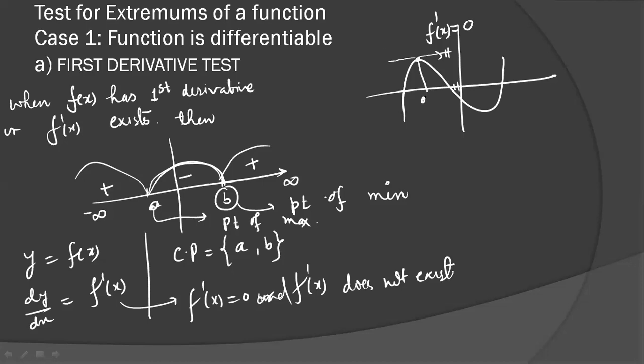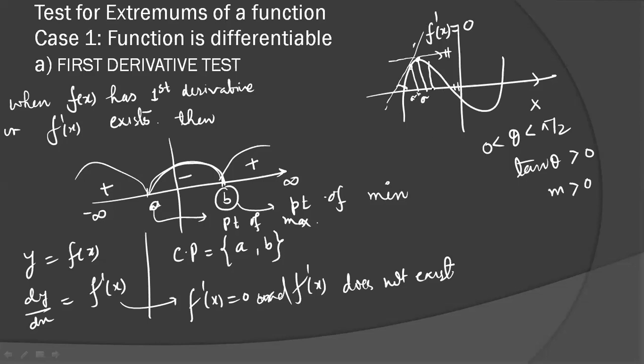Just before this point, a minus h, if we draw the tangent, then the tangent looks like this. It means it is making an acute angle with the positive x-axis. And if the angle is acute, then tan theta is positive, our slope is positive.